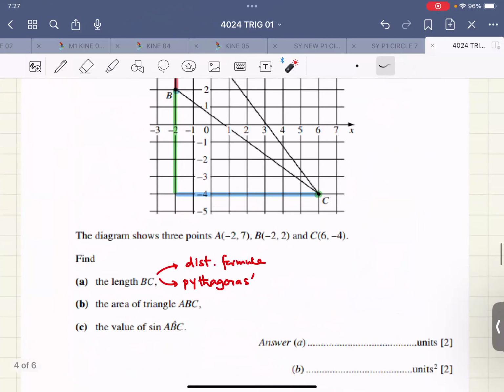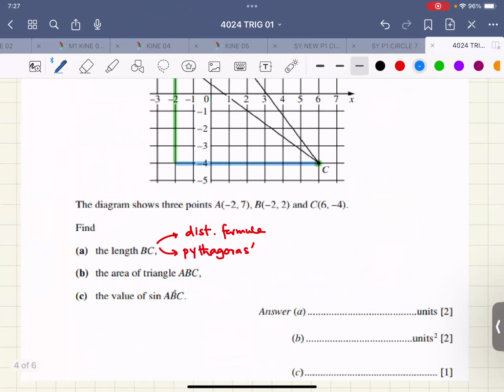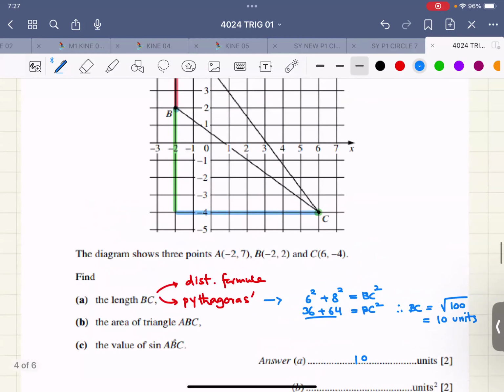That's the base. So first of all, Pythagoras, that is 6 square plus 8 square is equal to BC square. This is 36. This is 64. This is BC square. Therefore, BC is square root of 36 plus 64, which is 100. That comes out to be 10 units. That's the first method of solving this.